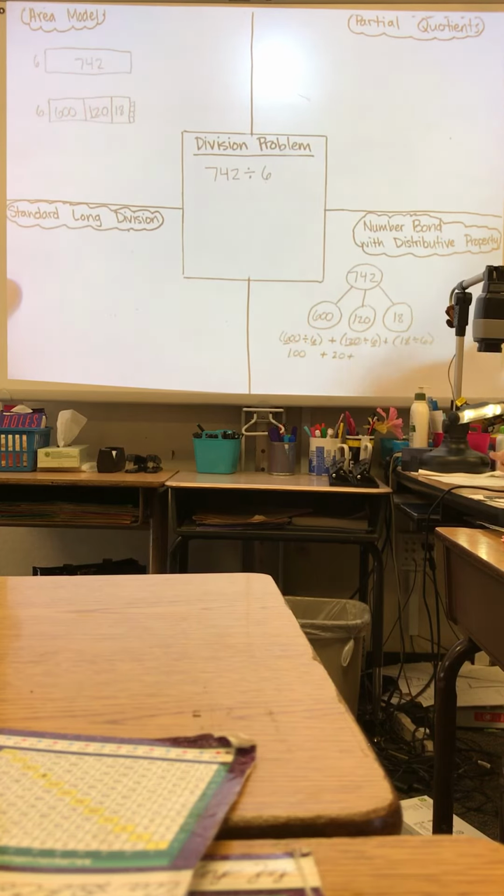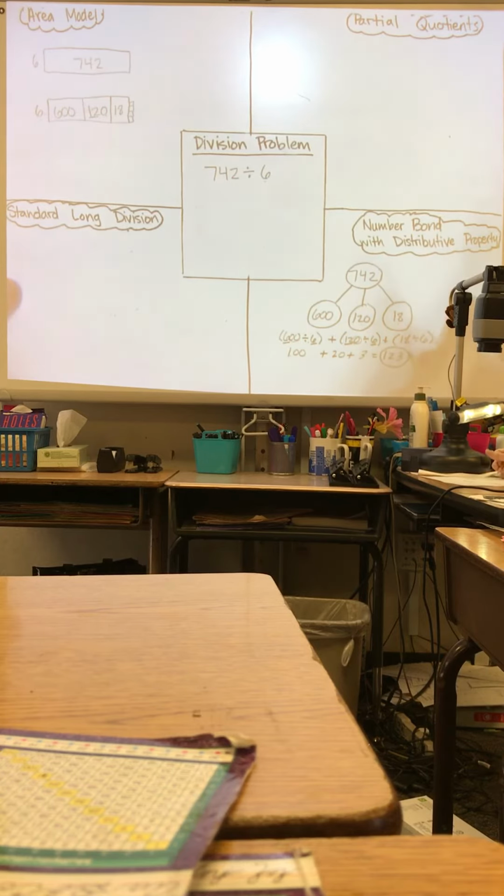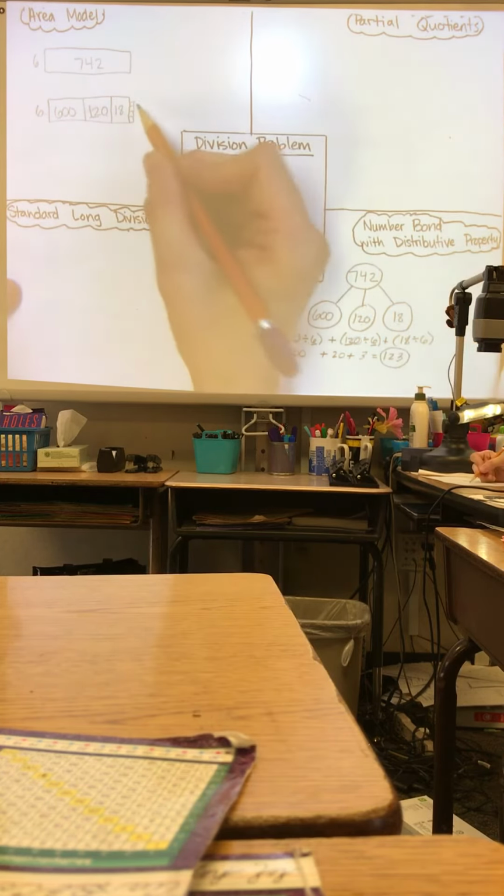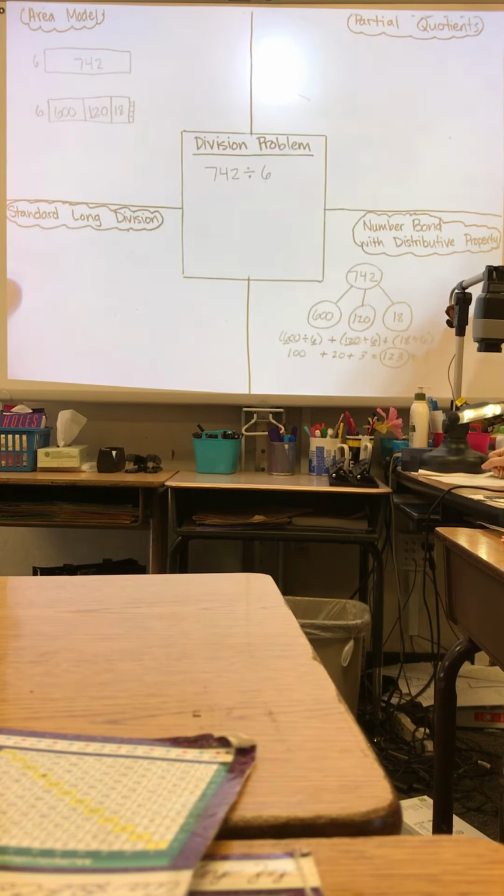And then 18 divided by 6 I know is 3 because that's one of my basic division facts. I'm going to add these together and find out that 123 is my quotient. I can't forget about that remainder I have, so it's not 123, but it's going to be 123 remainder 4. So that is also a part of my answer.